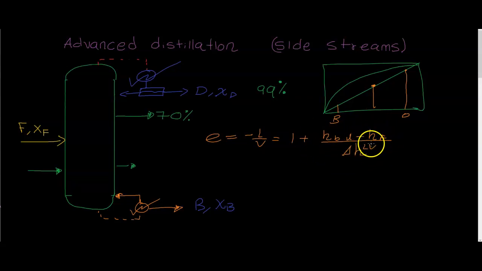This is another formula for getting this slope, this value here. But anyway, what we are going to do is at the end we are going to have something like this, right? And you can calculate the number of stages. So this is about basic distillation, right? With one input and 2 outputs.